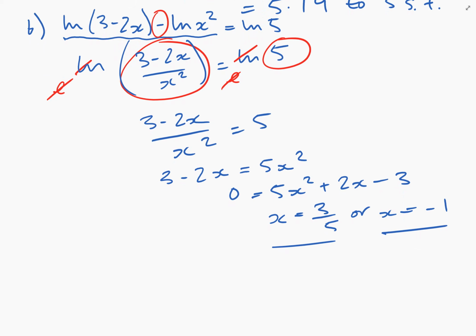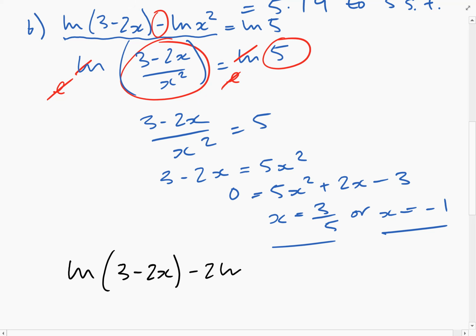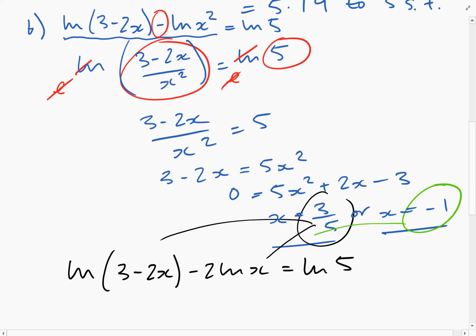So if we just check the original equation, which was 3 ln (3 minus 2x) minus 2 ln x equals ln 5, you can see that when you put 3/5 in to here and here, that's fine. That will give you a positive value, so you can do ln of that. However, when you put -1 into here, you'll be trying to do ln of -1, which you can't do. It's undefined.